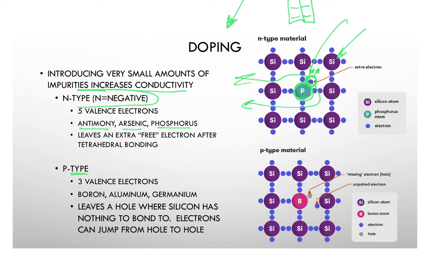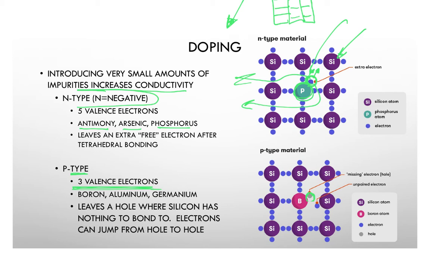There is also P-type doping. These are elements that have 3 valence electrons, so those would be the ones to the left of group 14. Boron, aluminum, gallium. For these, when you have only 3 valence electrons coming in, you can only complete 3 of those tetrahedral bonds. That leaves what we call a hole, where silicon has nothing to bond to.